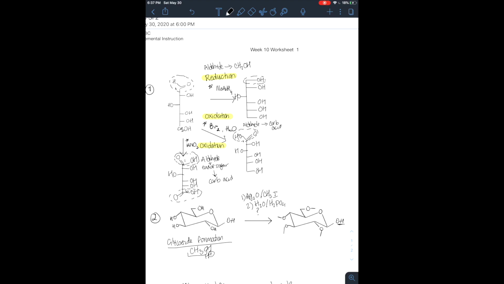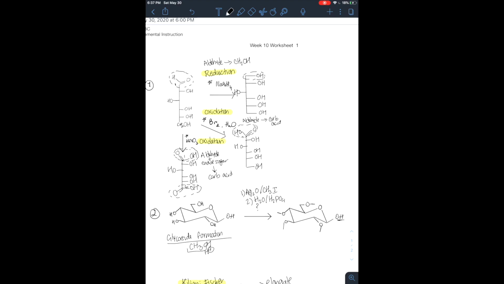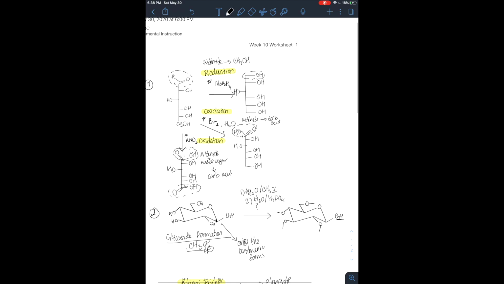So if we did a glycoside formation on this reactant, we would get that only the anomeric, which is this one right here, forms an OMe.